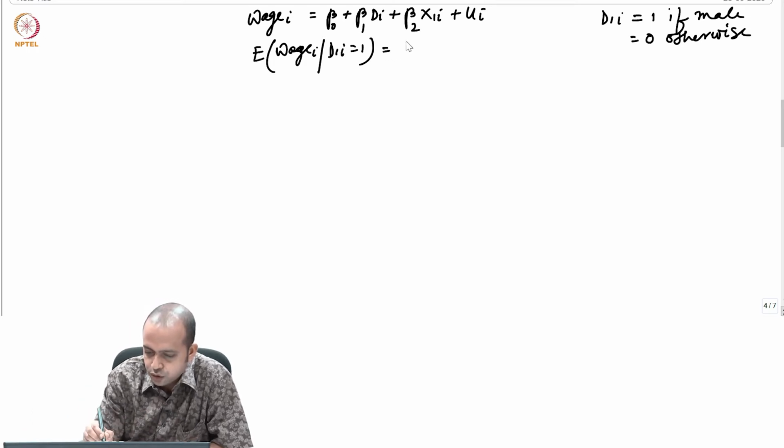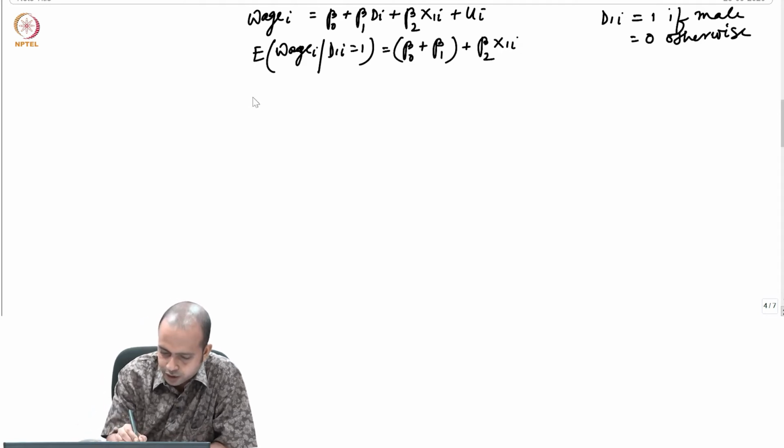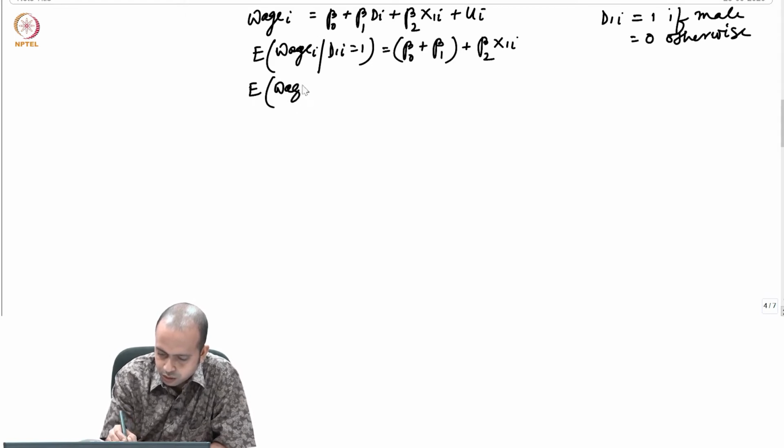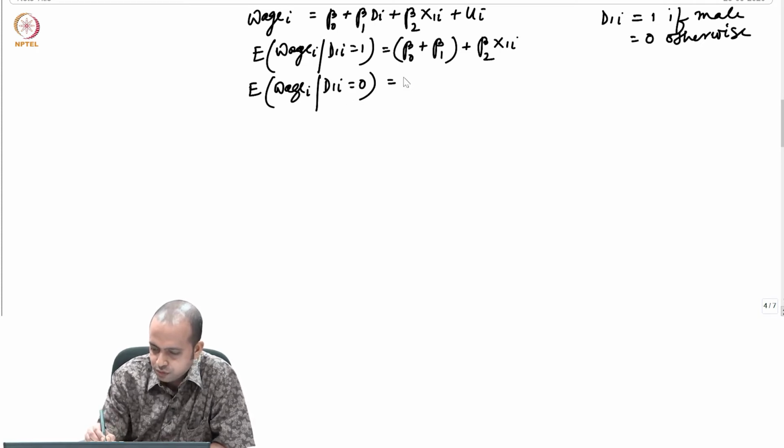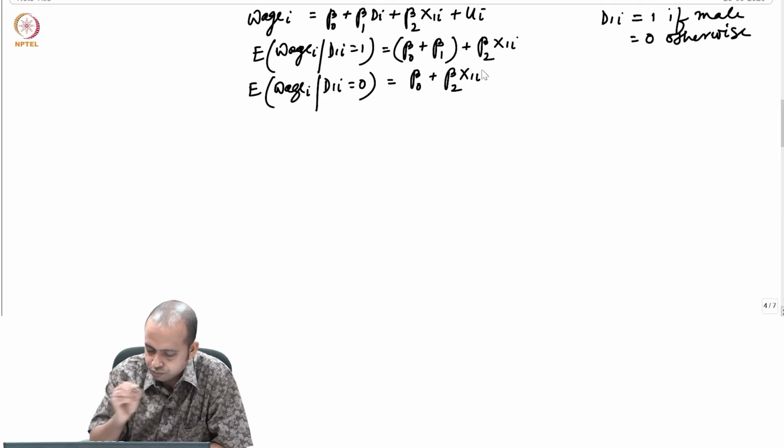So, equals to beta 0 plus beta 1 plus beta 2 x_i, and expectation of wage_i given d1_i equals to 0 becomes beta 0 plus beta 2 x1_i.